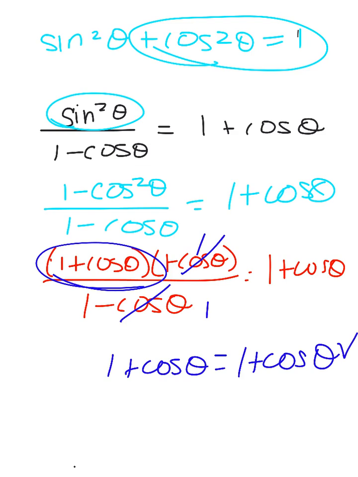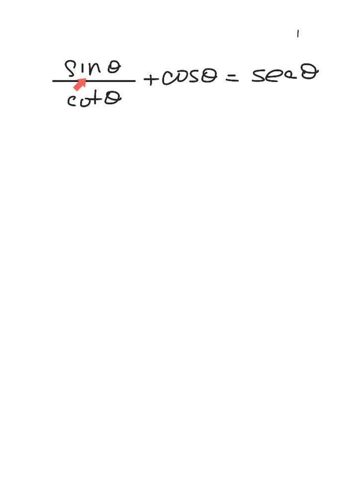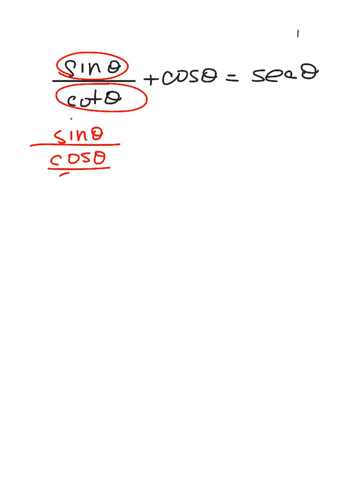Alright, so let's take a look at 1b. I have sine theta over cotangent theta plus cosine theta equals secant theta. So I'm going to change the cotangent theta to what it's equivalent to. Cotangent theta is equal to cosine theta over sine theta. So then I have sine theta from the numerator over cosine theta over sine theta.